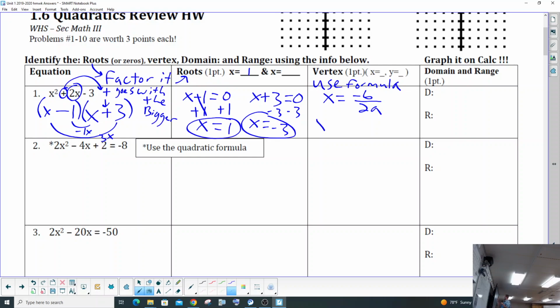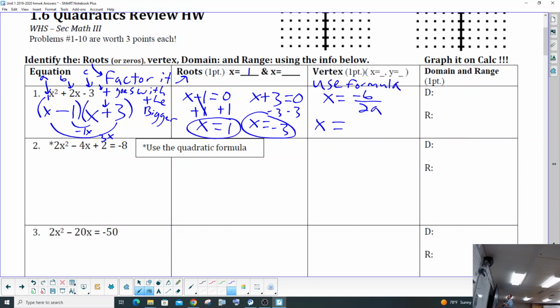Go back to the original: the number in front of x squared is 1, that's your a. The 2 is your b. The 3 is your c. These are your ABCs.